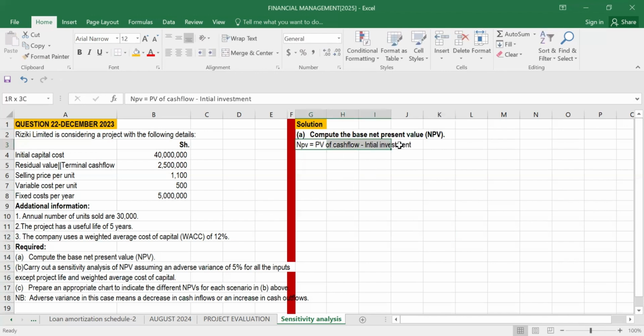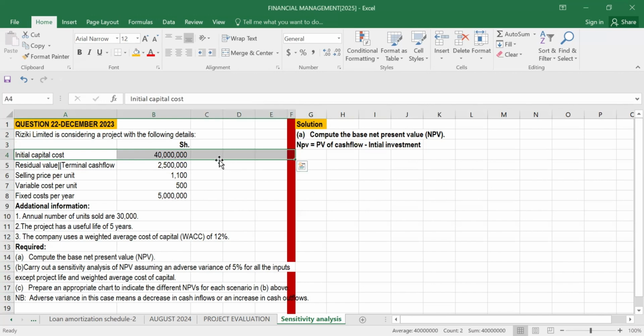So we take the present value of cash flows minus the initial investment. We are given the initial investment, the initial capital cost. But the first thing we need to do is to compute the cash flows. Then we discount those cash flows to get the present value of cash flows.